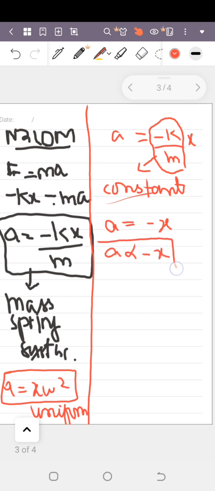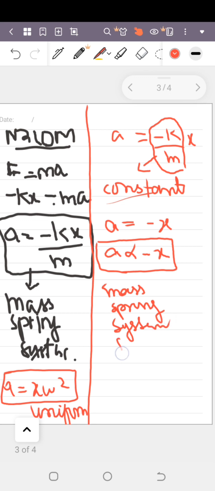So this means it is proved that the mass spring system will follow SHM. Okay, I hope it is clear.